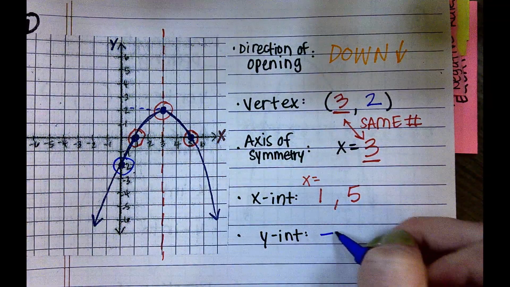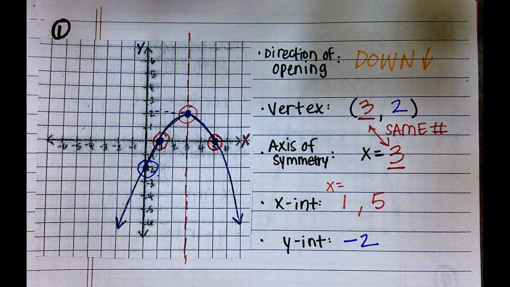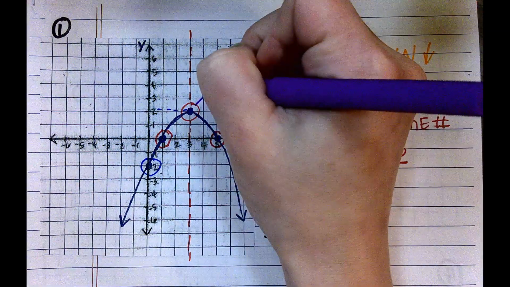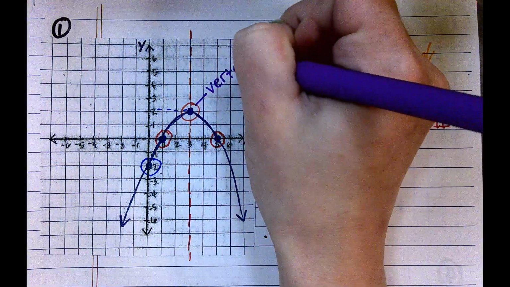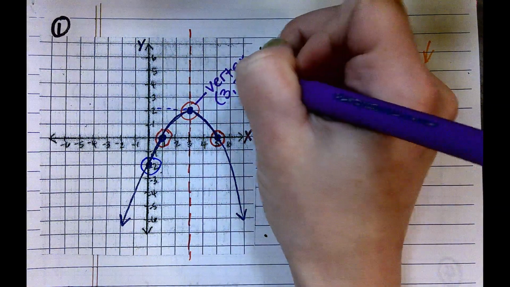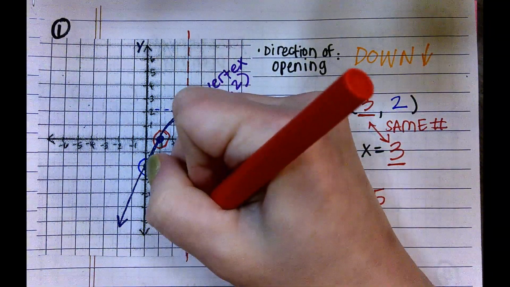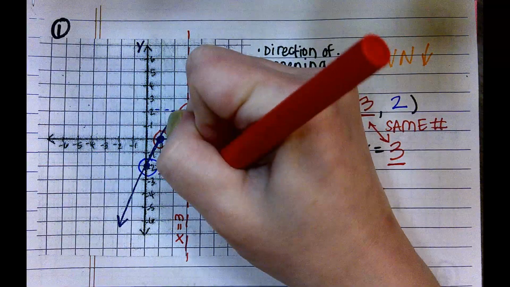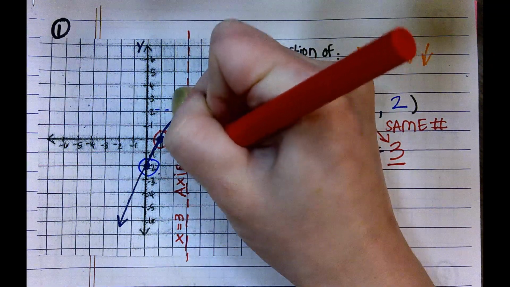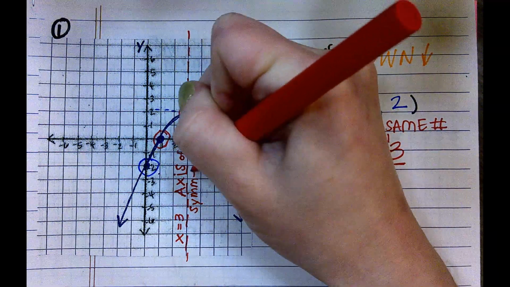Good. Now, if you want to use this as a guide, it might not be a bad idea to label some of these things. Like, from this, I'll put vertex. That's my vertex, and it was 3, 2. Then our axis of symmetry, right? X equals 3. Axis of symmetry.